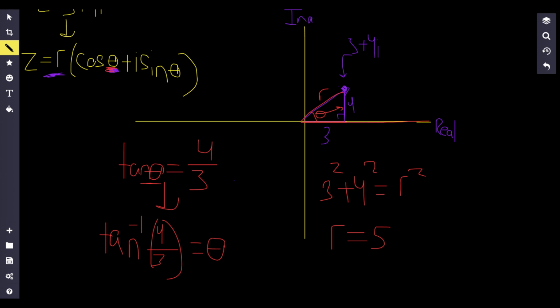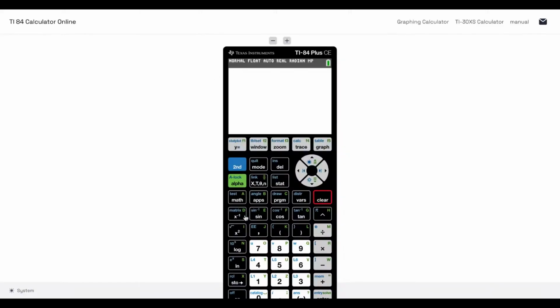Okay, so if I have my calculator right over here, tan inverse of 3 over 4, and that is going to, oh no, tan inverse of 4 over 3. Almost messed up there. And this is going to give me 0.93. And by the way, this is in radians. So all the angle calculations I'm going to be doing are in radians, not degrees.